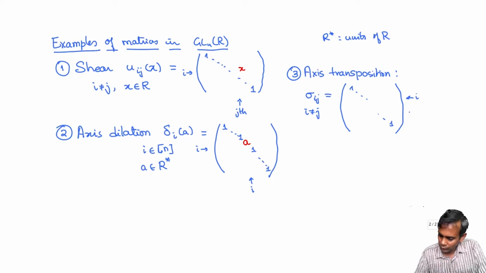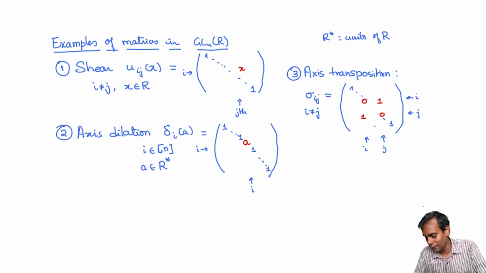You take the ith row and the jth row, the ith column and the jth column, and there you put zeros along the diagonal and you put 1 in the off-diagonal positions. So the ijth entry and the jith entry will be 1. This is called an axis transposition. If you are wondering why these names are what they are, you can try to understand what these matrices do to the Euclidean plane when you look at 2 by 2 real matrices.